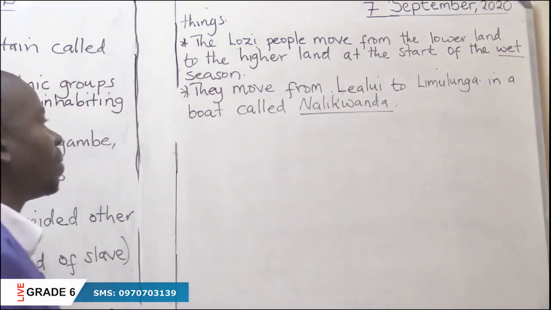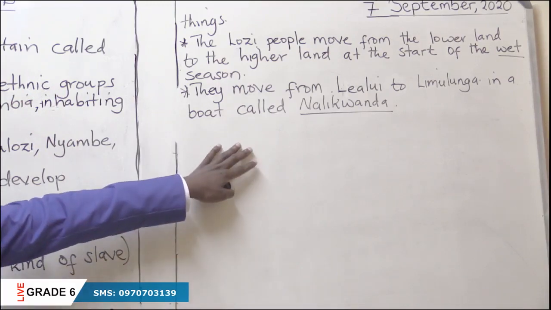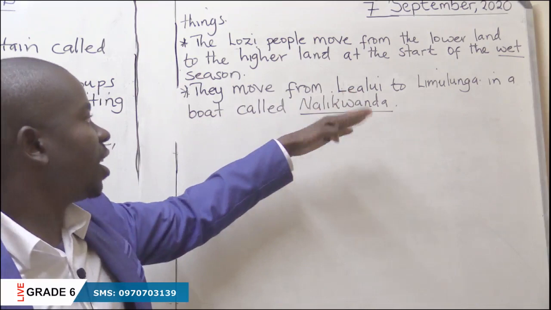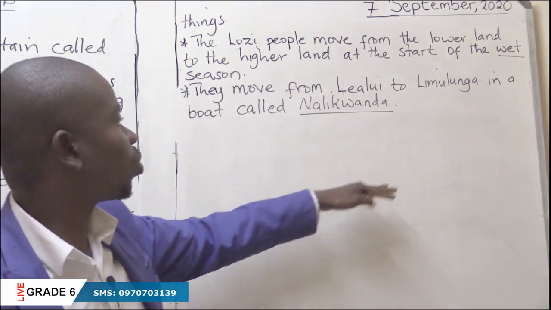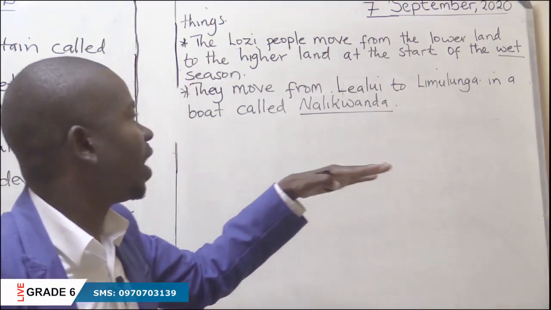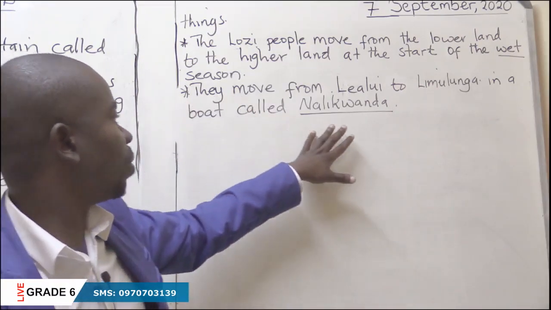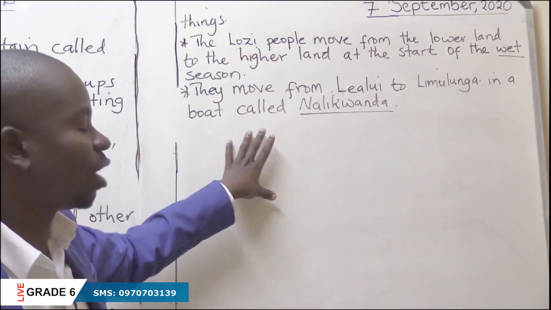Lealui is found on the lower land, while Limulunga is on the higher land. So they have to move from Lealui to Limulunga in a boat called Nalikwanda.